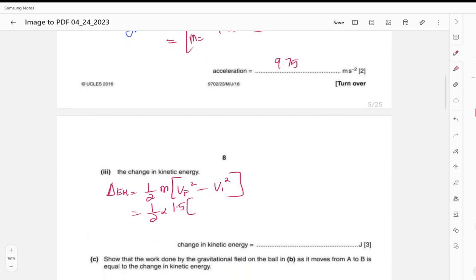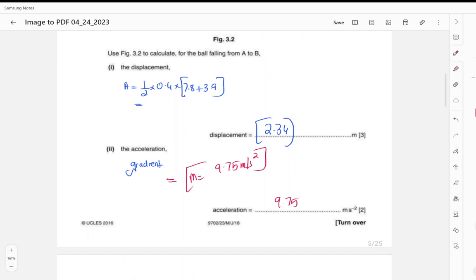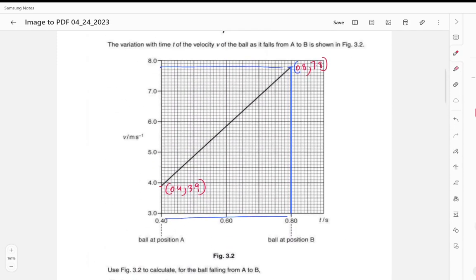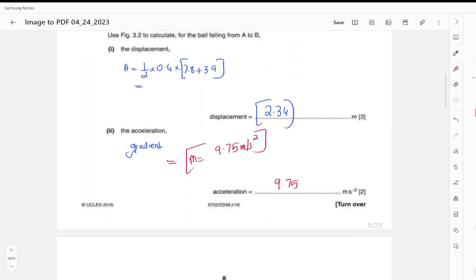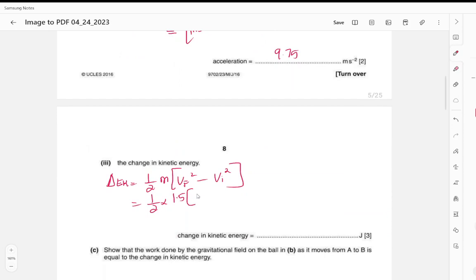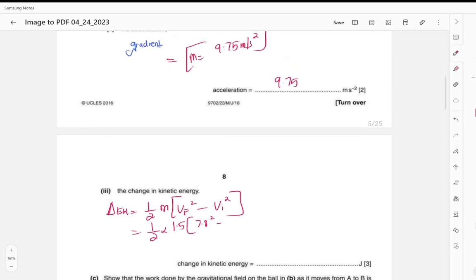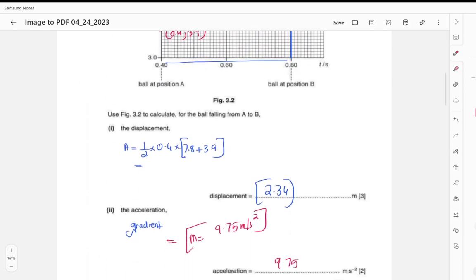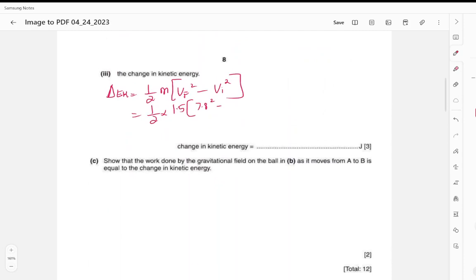I think 7.8 था. The change in kinetic energy from A to B. Okay. So B पर है 7.8. So this is actually 7.8 का square minus, oh, 3.8 था, कितना था? 3.9 था, 3.9. So this is actually 3.9 squared. Acha, remember this thing, if you square this over here, then you need to go and study O-level mathematics.